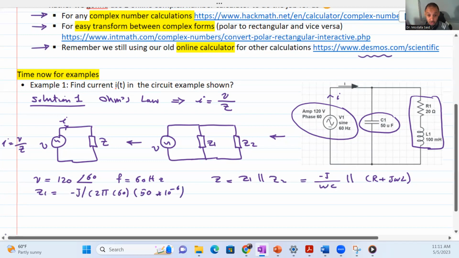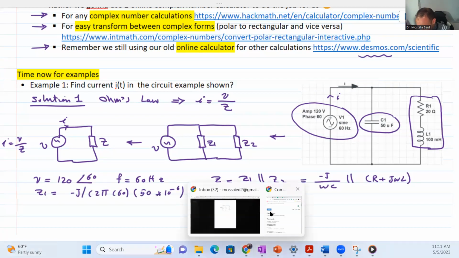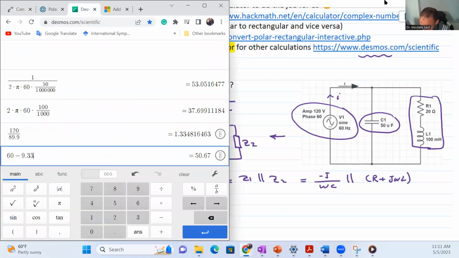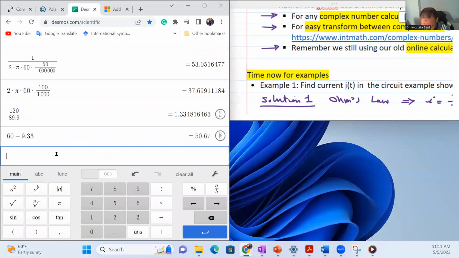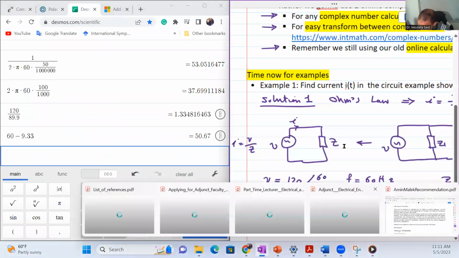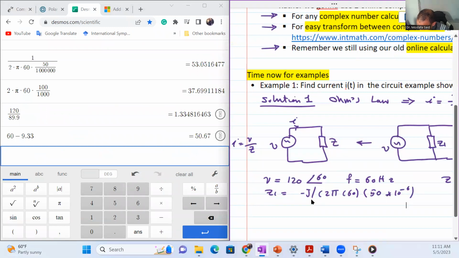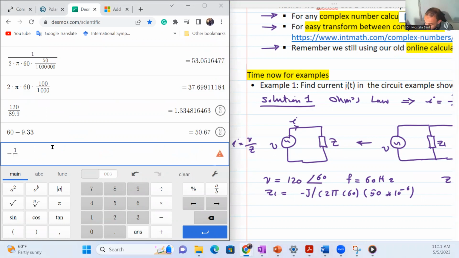And don't try to do that yourself, just go to our Desmos online calculator and do it. So let's slide here and do it. I'll expand this. So that is minus 1 over this here. So minus 1 over, we have many things: 2 multiplied by pi, you just type pi, it will convert by itself.